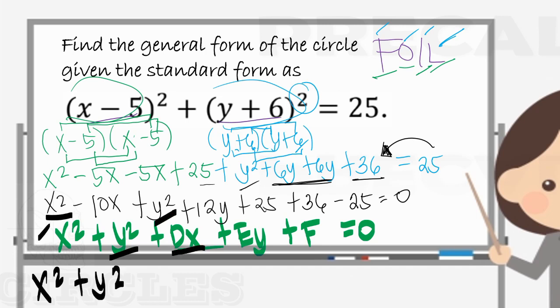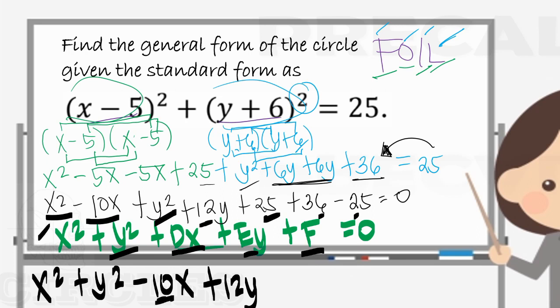And then, yung dx, which is itong negative 10x. Negative 10 yung coefficient ng x. And then, ito yung positive 12y. And then, yung constant f. So, 36 minus 25 is equal to 11 plus 25 is equal to 36 is equal to 0.